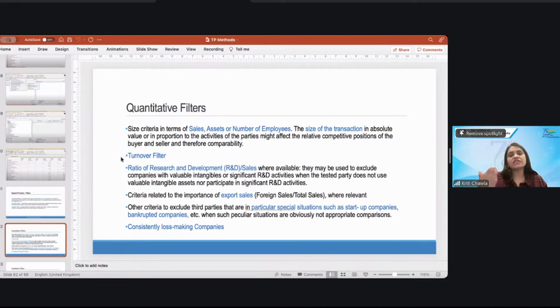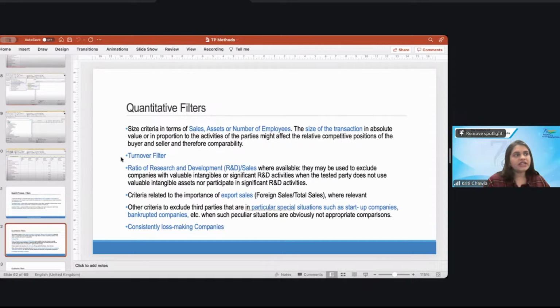So this is the next filter that we apply, because we want the companies to be very, very close to each other in terms of comparison, in terms of functionality. We would apply this kind of filter, and tell them that the comparable companies should also have sales which are very, very close to the taxpayer's situation.